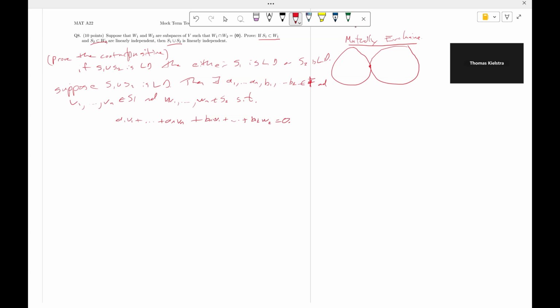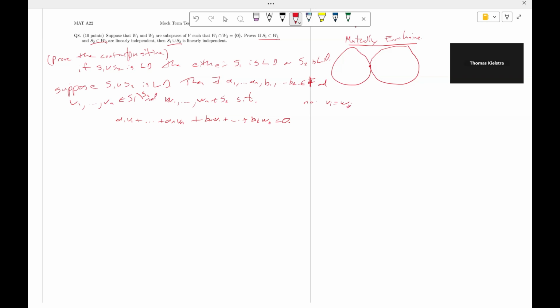Now here, we're going to say that the v's are not in S2, and the w's are in S2 and they could be in S1, meaning one of them could be the zero vector. So we're going to allow one of them to be the zero vector. And this means that no vi equals wj.